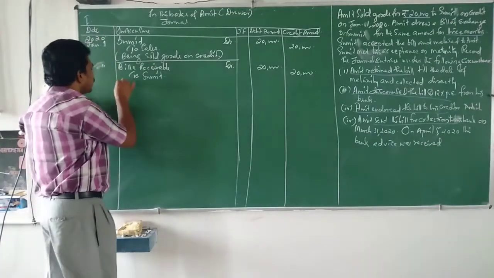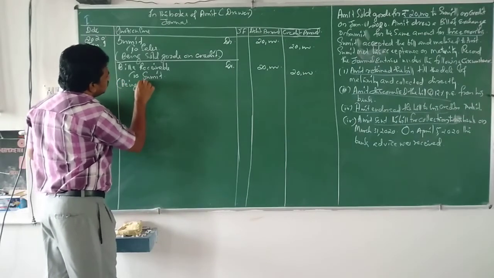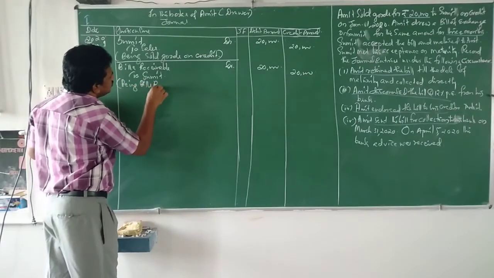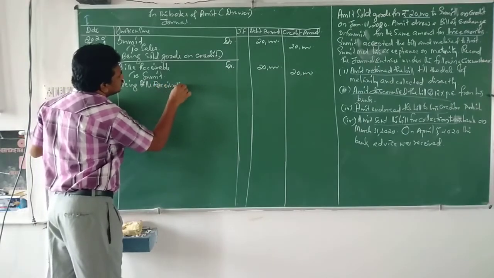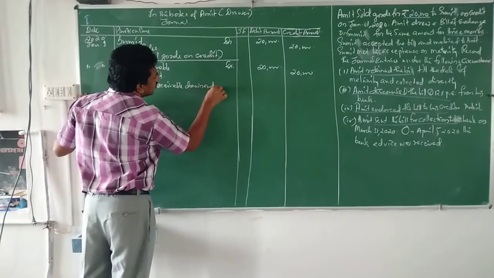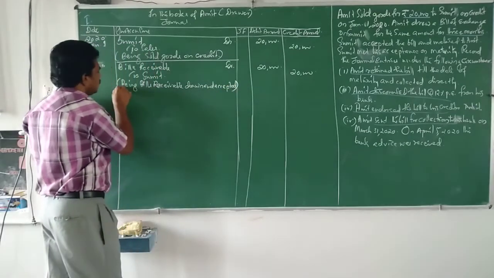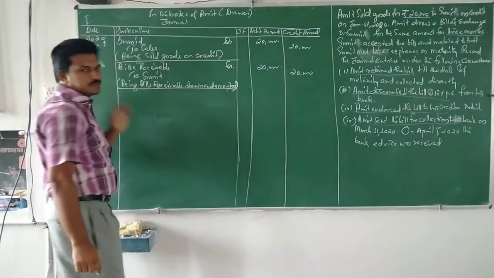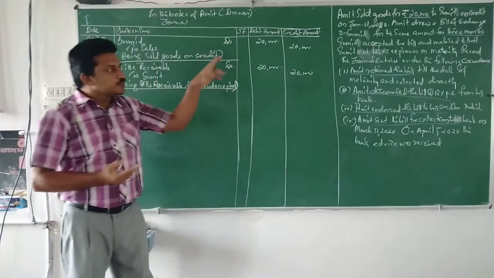That means bills receivable drawn and accepted. So what will be the journal entry in the books of Sumit, the drawee?